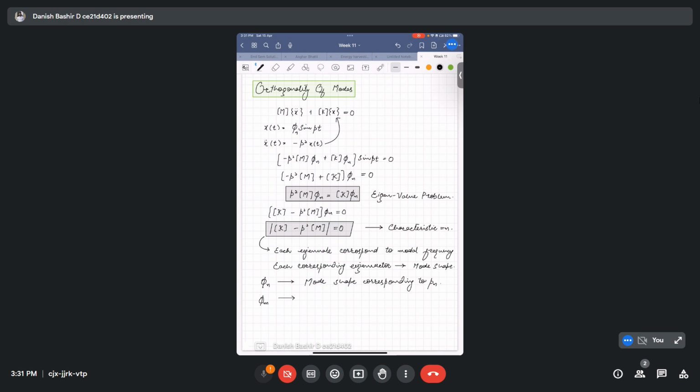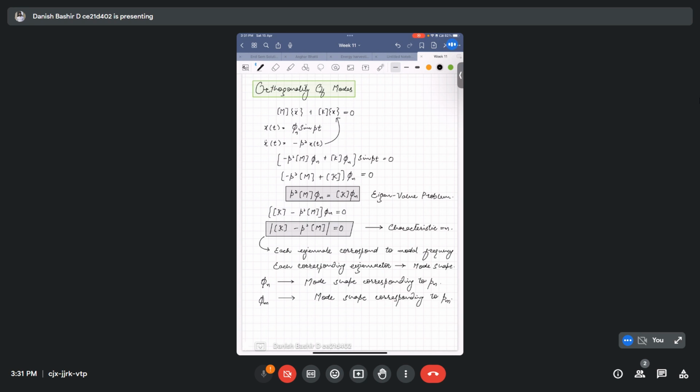It's a mode shape corresponding to p of m. Okay. So these modes are totally independent of each other, both because they have different natural frequencies and different mode vectors.